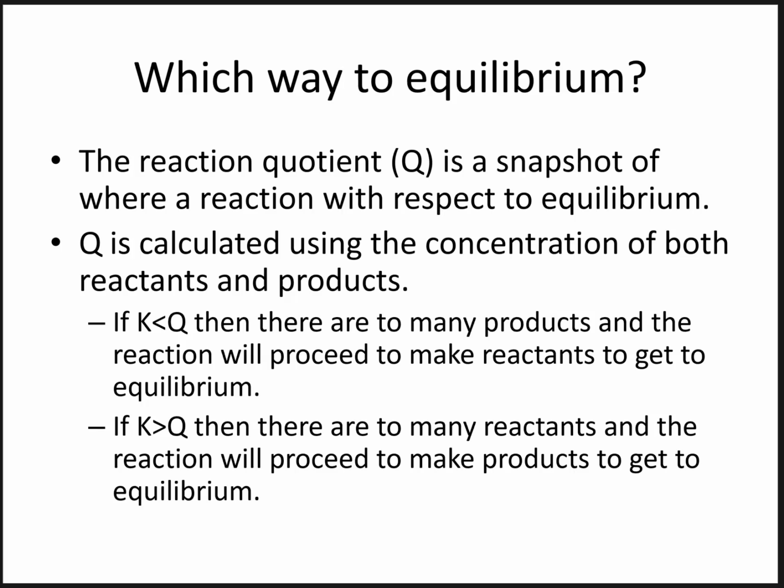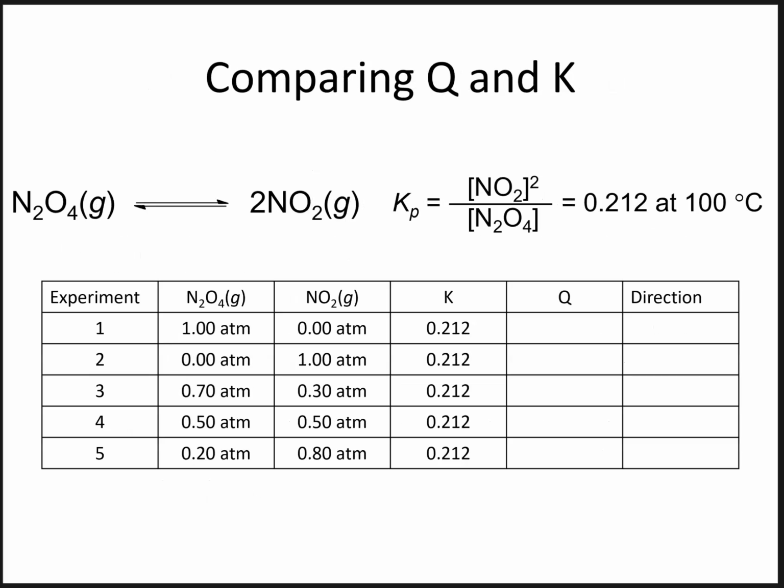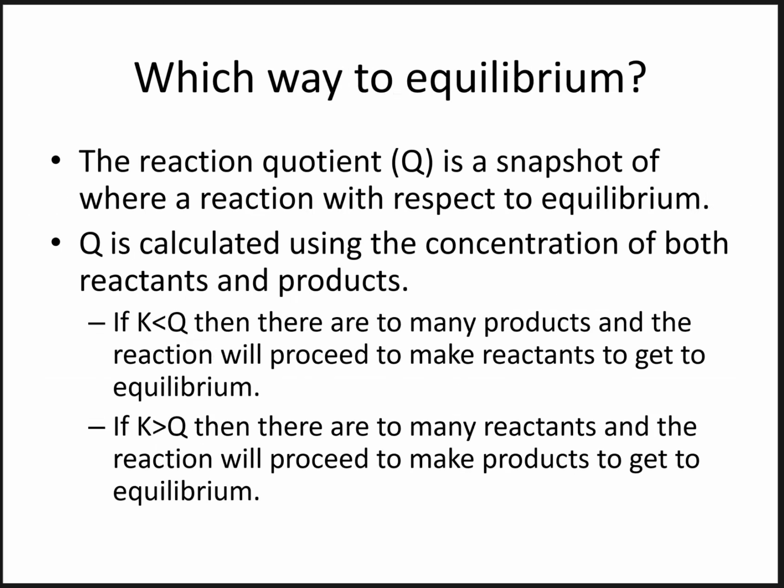So when K is less than Q, there's too much product, and therefore the reaction will move towards reactants, as seen by the reaction arrow, which we would draw this way. Whoops, sorry about that. And if K is greater than Q, then the reaction is going to move towards products.